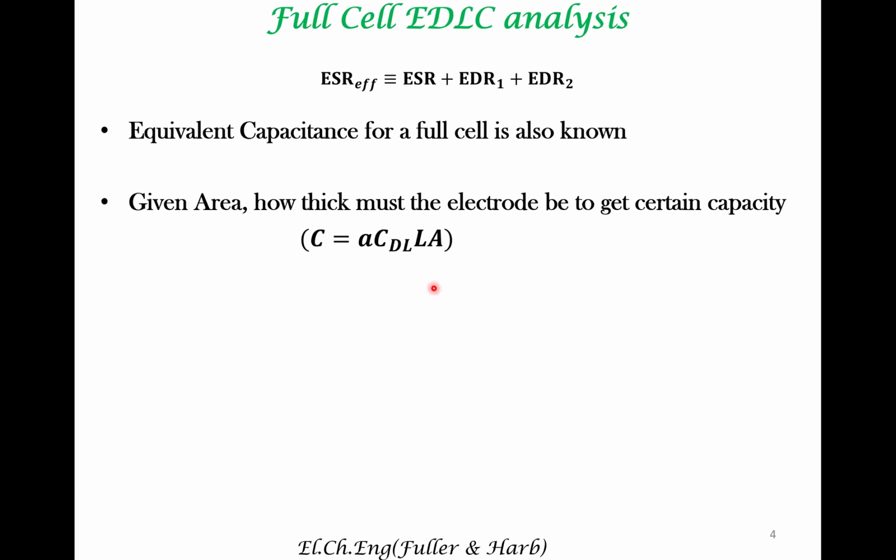This is all true when omega is asymptotically tending to zero. That is, to utilize the porous electrode, we want to operate at frequencies less than the cutoff frequency. In such a regime, this formula is valid.